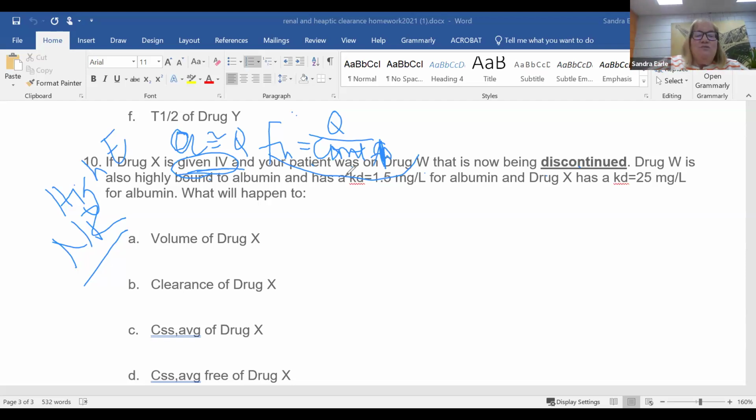Drug W is also highly bound to albumin and has a KD of 0.15, while drug X is 25. So obviously drug W has a higher attraction for the albumin. So what's going to happen when we discontinue drug W? What's going to happen to our drug X?